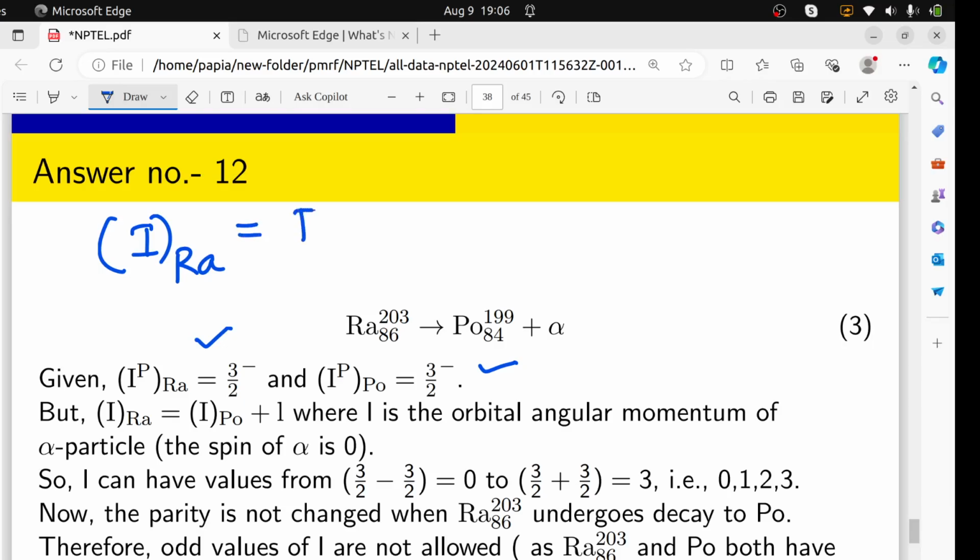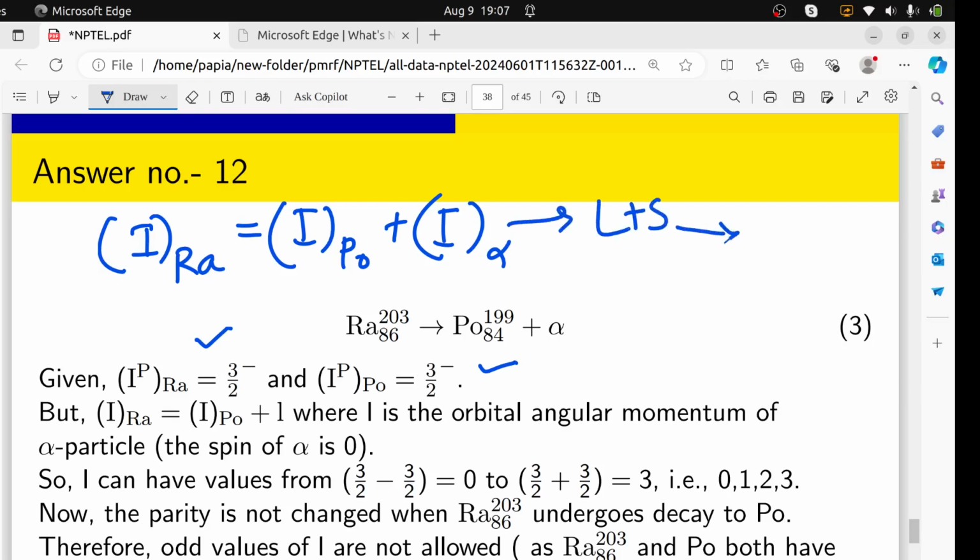That should equal I of polonium plus I of alpha. I means the total spin, which is nothing but the sum of L plus S. The spin for the alpha particle is 0, so whatever the I is, that is nothing but L, the orbital angular momentum.